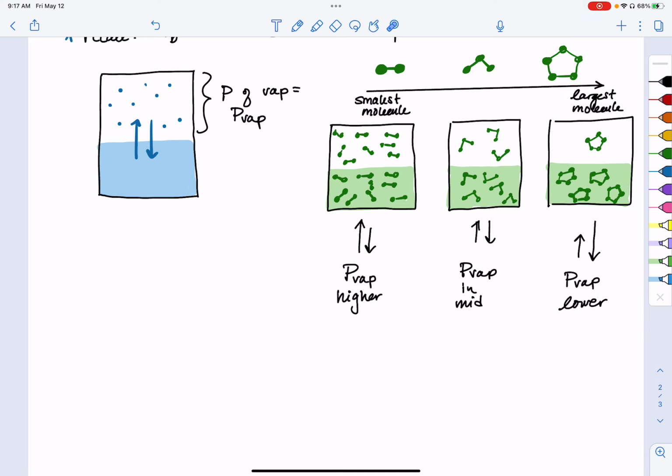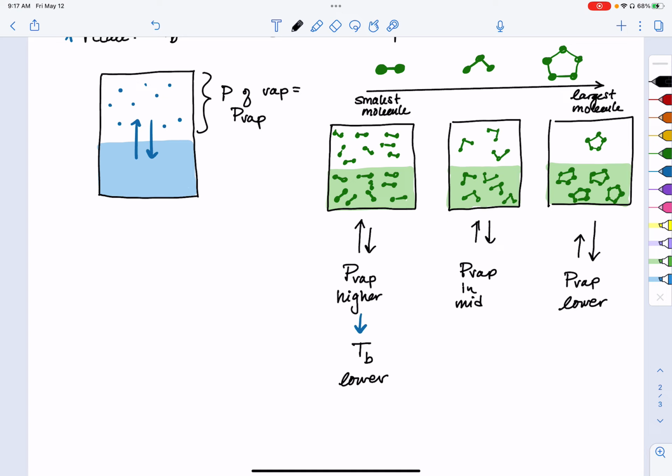So because the vapor pressure is higher, the boiling point is going to be lower. It requires less energy to put these little small nimble molecules up into the vapor phase. So boiling point is lower. This is an example of what we might call a volatile liquid. It's a really high vapor pressure.